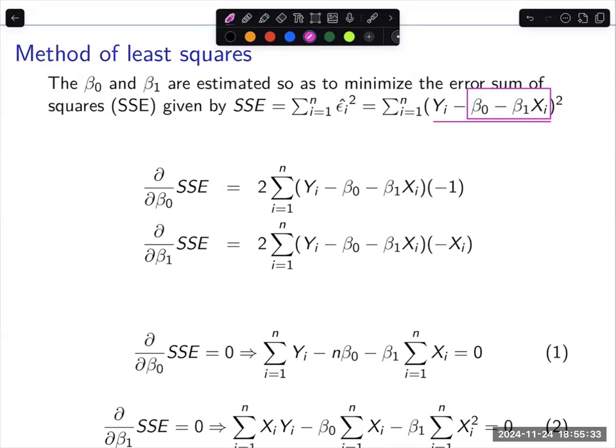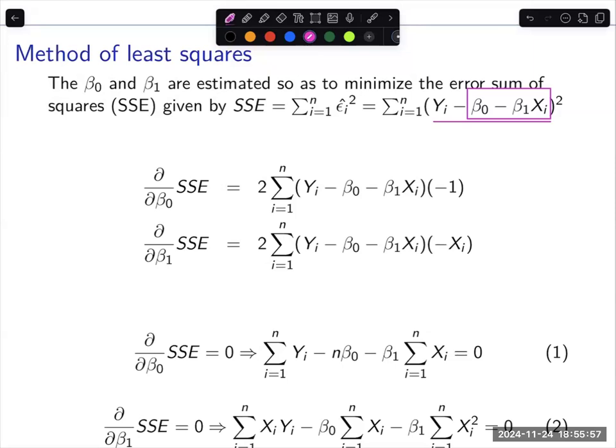That's why we define the sum of squares, or SSE, as the sum of squares of this deviance, and we try to minimize this term so that we can get the best beta 0 and beta 1. This method is called the method of least squares.